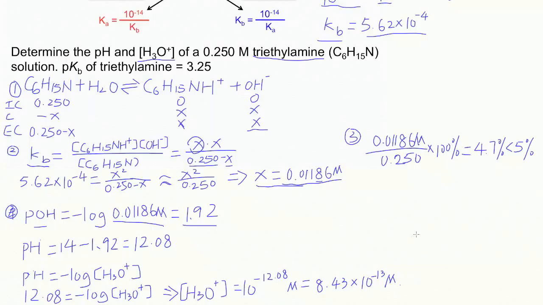Another, alternative way to find out the hydronium concentration is, okay, let me just use this space here to demonstrate. You can use 10 to the negative 14 divided by the hydroxide concentration, which is 0.01186, and you should be able to get the same number here.